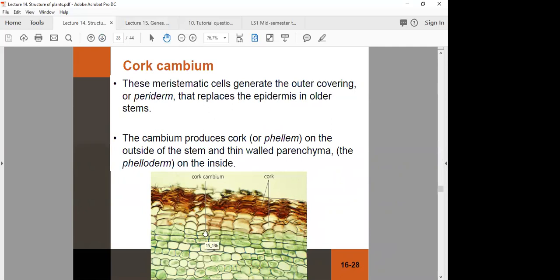So cork cambium cells will produce cork cells that you can see here towards the outside, and they divide to produce these thin-walled parenchyma cells towards the inside. Now, keep in mind that these cork cells that are produced towards the outside, while they are living at first, when they're first produced, they very quickly die at functional maturity.